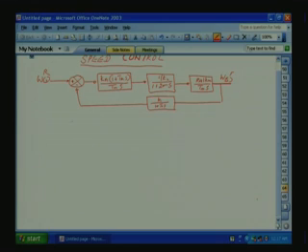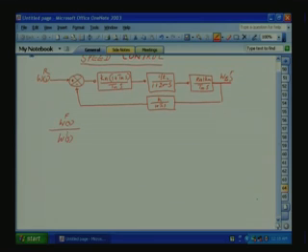Let us write the transfer function for this one. That is omega S of output feedback divided by reference is equal to Kn Ra by Tn K2 Km into 1 by S, 1 by 1 plus 2 sigma S, into 1 plus Tns.